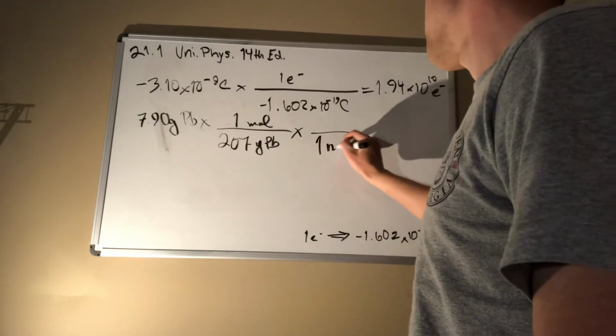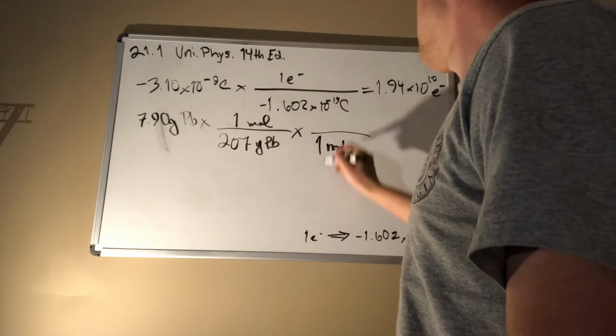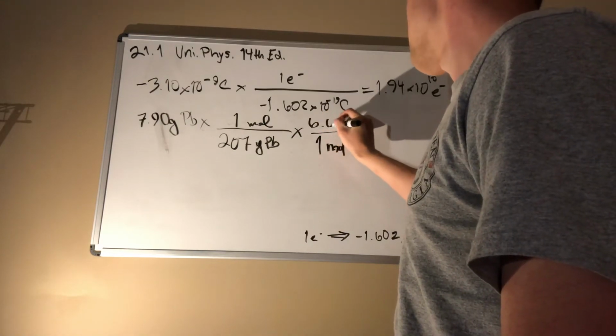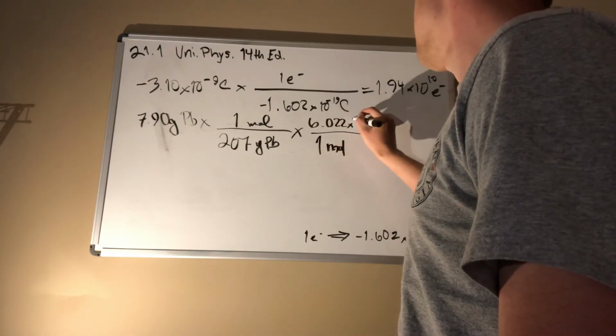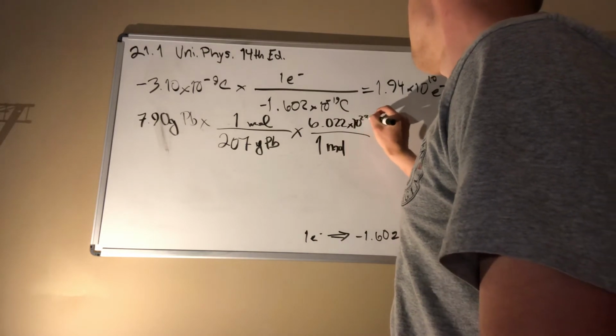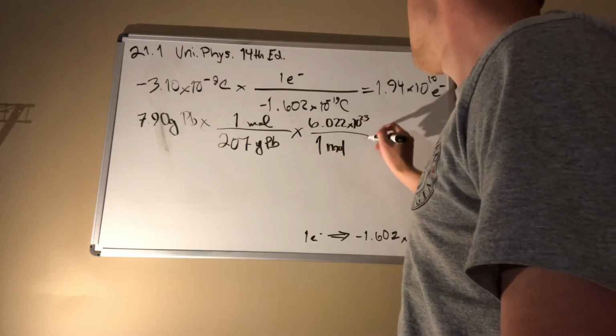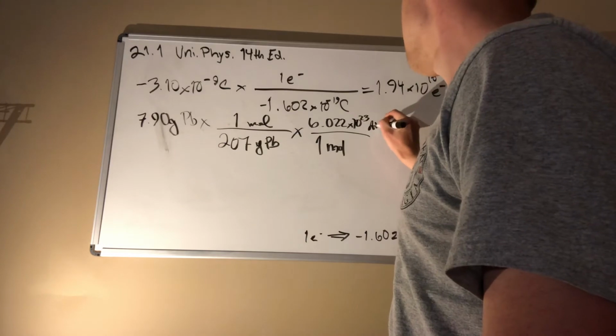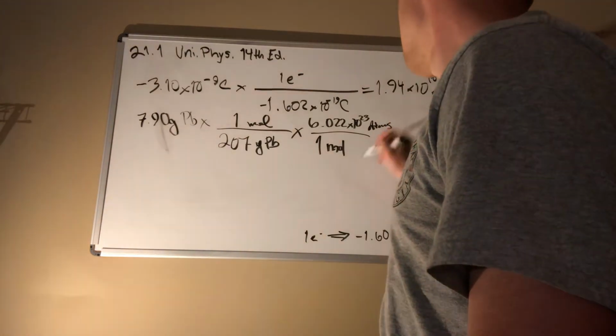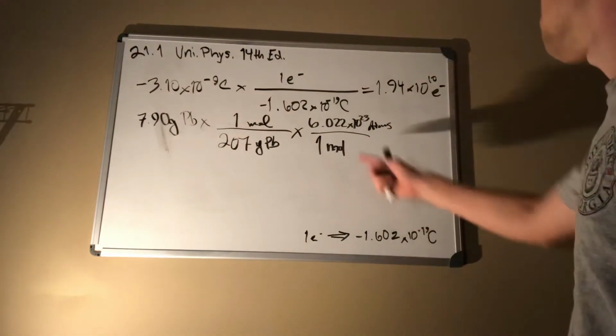So there's 6.022 times 10 to the 23rd atoms per mole.